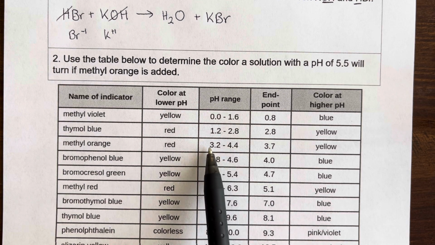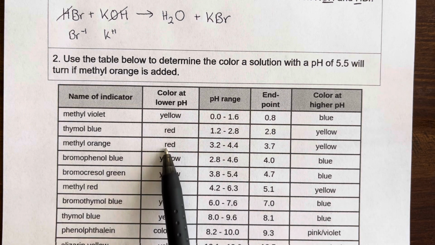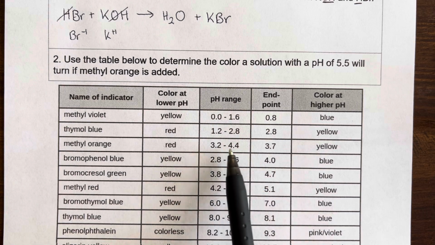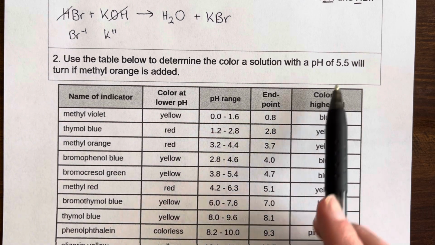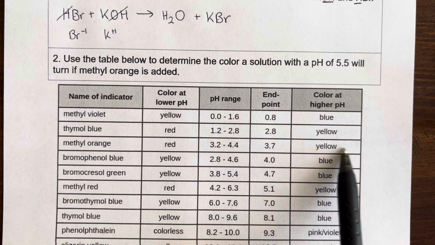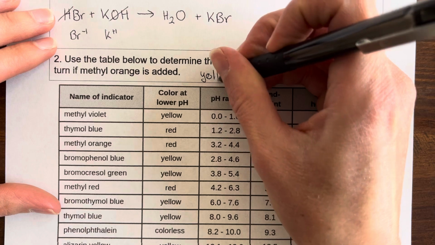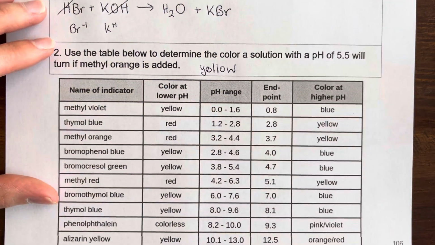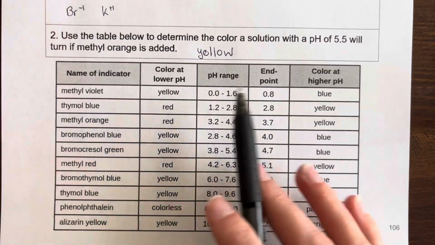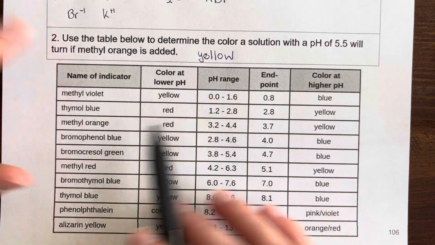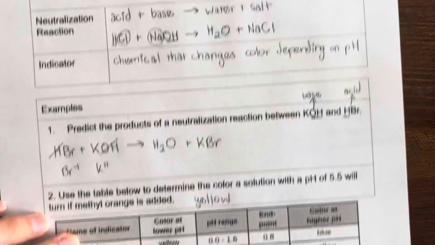We see that methyl orange changes from red to yellow between 3.2 and 4.4. So 5.5 is above 4.4, which means the solution would be yellow at that point. So the answer would be yellow. That is how you can use your knowledge of indicators to predict the color a solution will change.